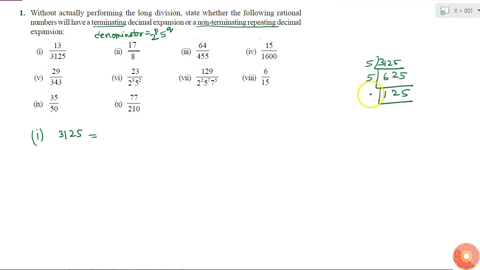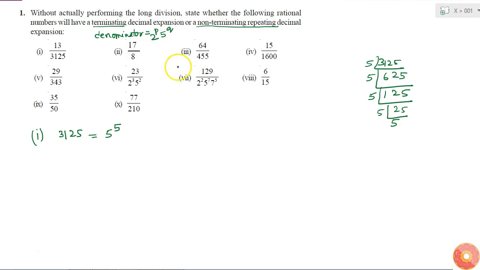Which if I again divide by 5, I will get 25. Which I again divide by 5, I'll get 5. Therefore, I can see that all its prime factors are 5's. 3125 is equal to 5 to the power 5. And we can see that this is of this form.